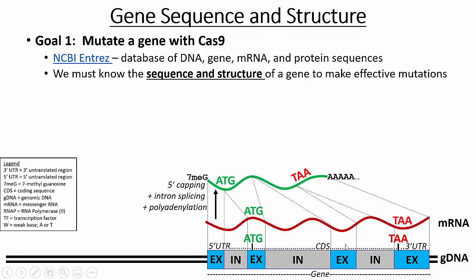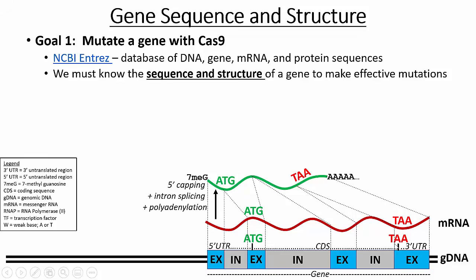But at the same time, it's also important to mention that a given gene might have a transcript that's much bigger than its given coding sequence, or CDS, as shown here. So for example, the start codon for a gene might be well into the transcript, giving us what we call this 5' untranslated region.